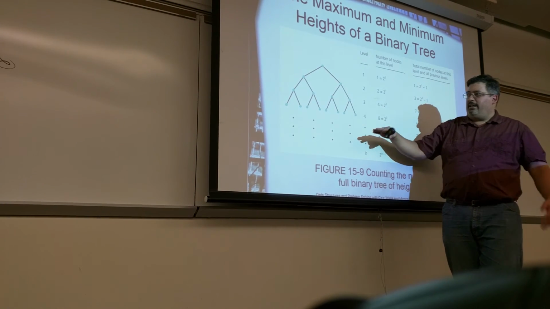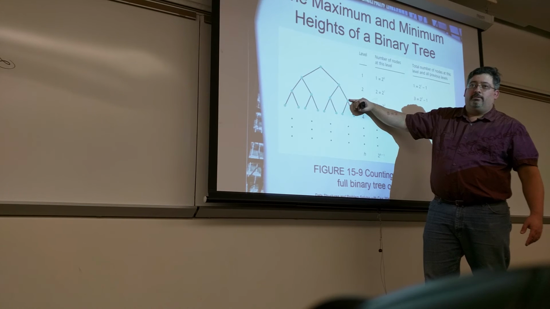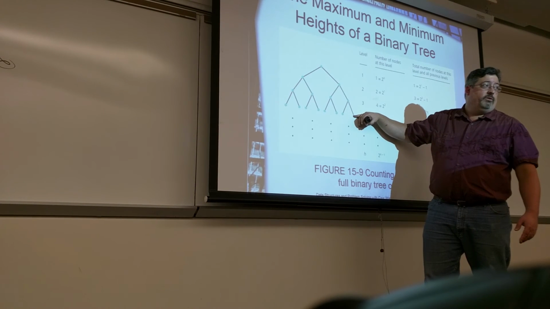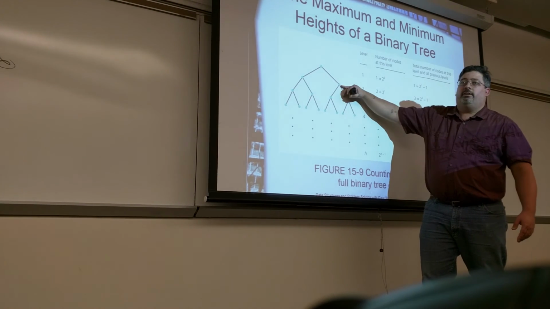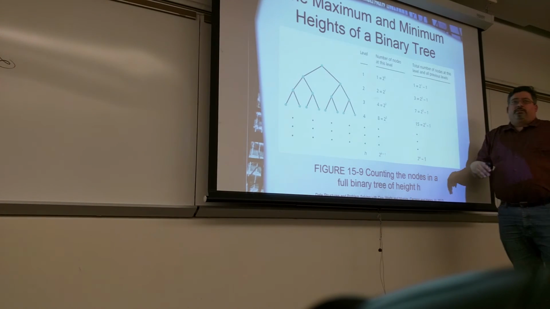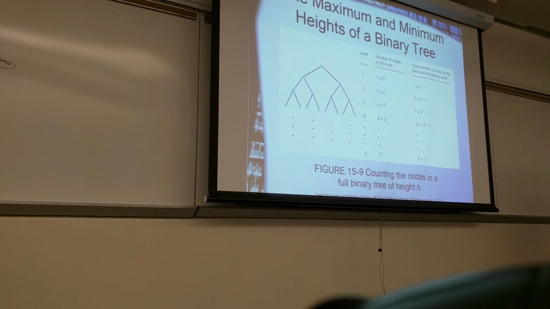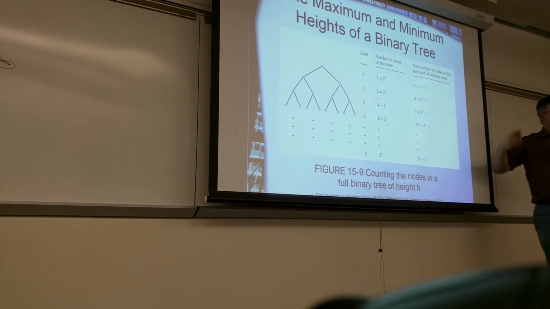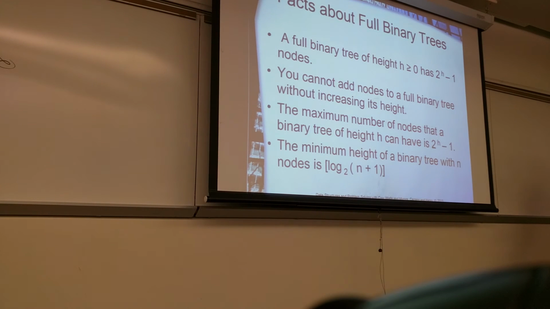And now why am I dividing in half? Well, if I go from here to here, I cut my number of nodes in half. Start with this, cut it in half, cut it in half, cut it in half, right? So this log base 2 thing is going to come up a lot anytime we're dealing with binary trees and binary stuff, because you're just dividing things in half a lot of times. Same thing with powers of 2, except you're multiplying. So the minimum height of a binary tree with n nodes is log base 2 of n plus 1.